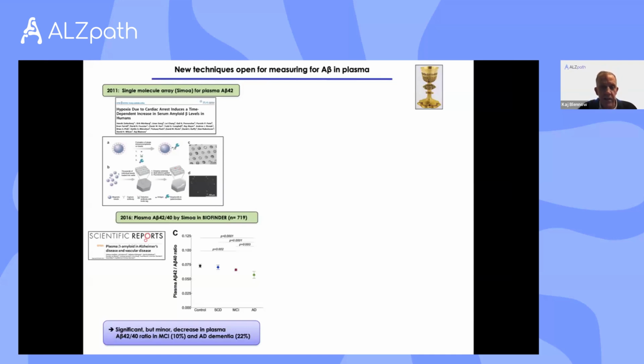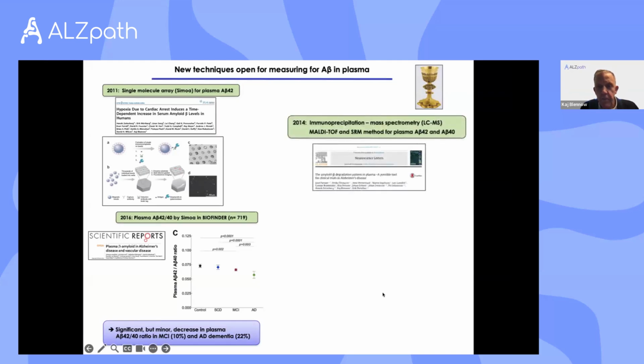What you can see here is that there is a reduction, but it's not very marked actually. So it's something like a 10% drop, as we also heard before. Then if we move on, we come to mass spec techniques.